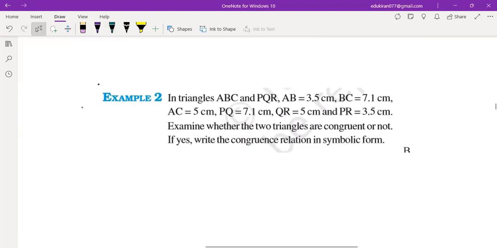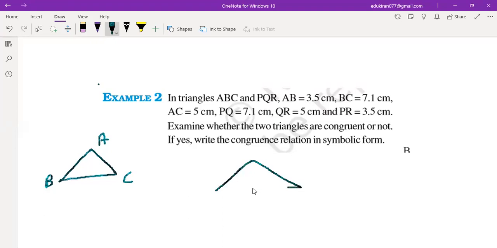They have just told you that there is a triangle ABC. So let's draw one triangle, A, B, and C. And let's make another triangle called P, Q, R. Clear? Done? Okay.